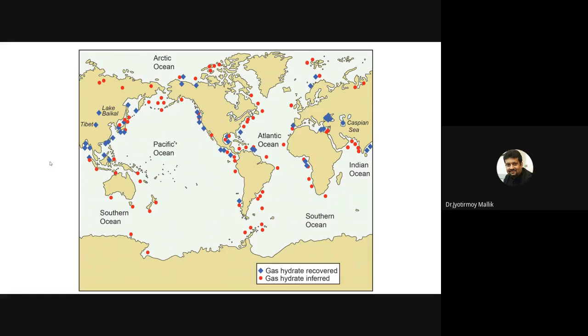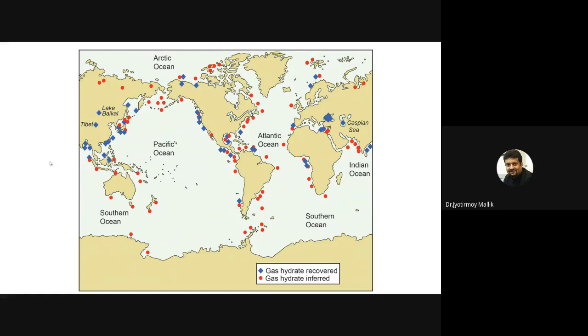Here are the areas where you can find gas hydrates. You have to remember about the depth, of course. So in the depth window, you can find gas hydrates almost everywhere. Almost every shore of the world has huge potential for gas hydrates.